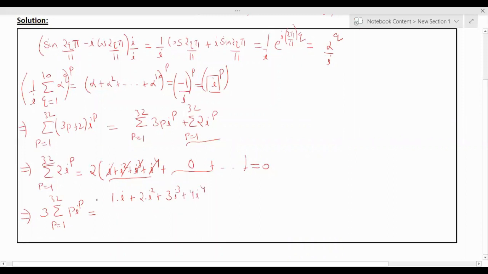I'm going to write 4 terms at a time, because the power of I gets repeated after every 4 cycles. Next term will be 5 into I, next term will be 6 into I square, next term will be 7 I cube, and the last term will be 8 I to the power 4.